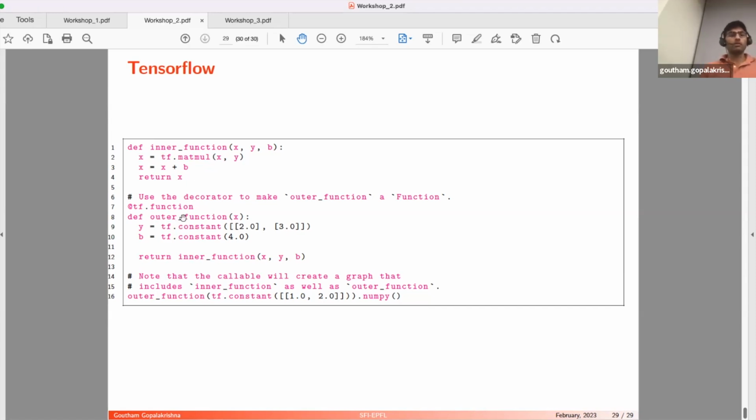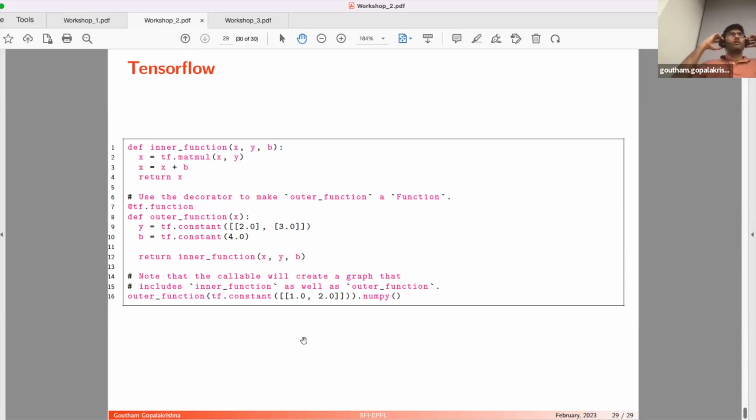And you have an outer function that passes in the data y and b to this, as well as x, and computes this aggregation. The way you do it is you just pass in the data, and then you send it to this function, which is being decorated, which gives you the output. So I'll post the slides. You can take a look at it later.